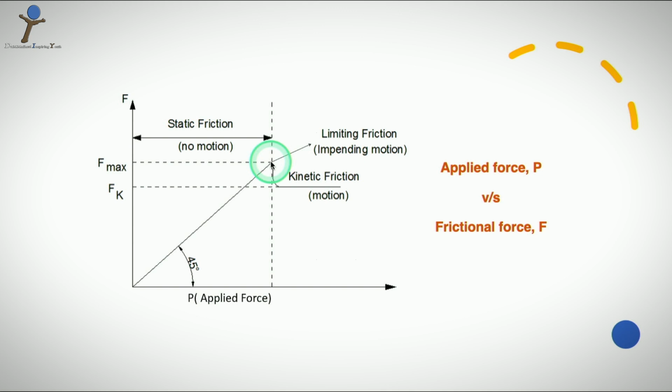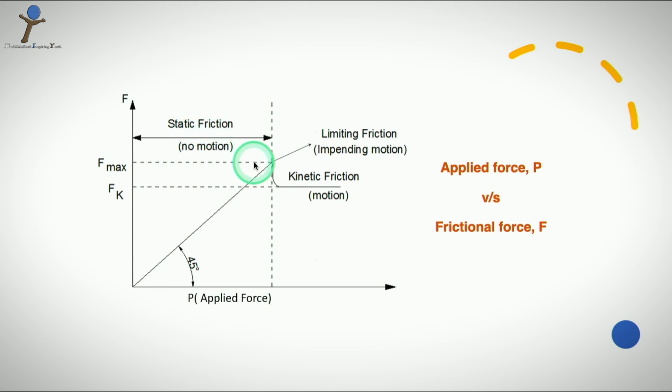That's called impending motion. With a very little increase of applied force, the body is subjected to motion. So, when the body is under static condition, that is no motion, the friction that occurred at the contact surface is said to be static friction.